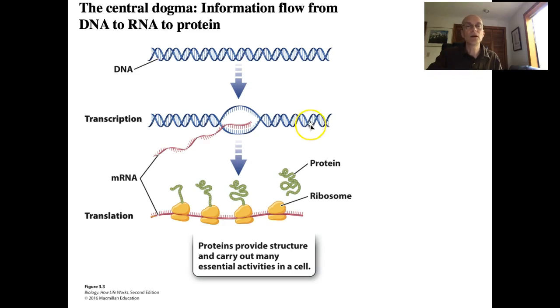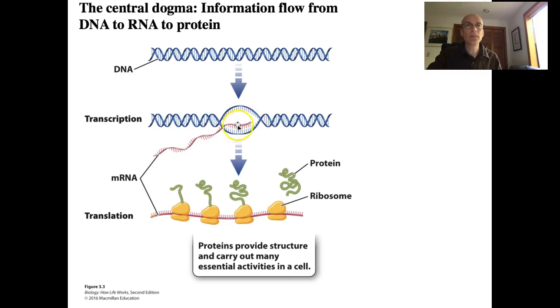So this intermediary compound is called RNA, and specifically, it's called mRNA or messenger RNA. There are other types of RNA that are also made by transcription, but they don't transfer the message to the last step, which is the protein. We'll talk about the other types of RNAs later, but right now, this is the messenger RNA.